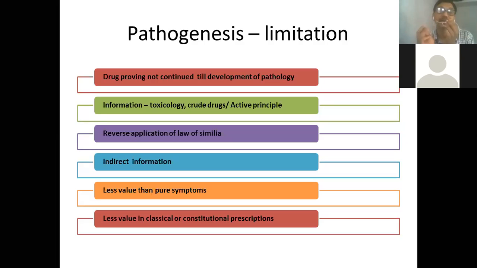And what will be the reverse application? The reverse application will be while studying the pathogenesis. Basically, what is the pathology of fever? The pathology of fever is an increase in body temperature, and you know from your knowledge of physiology that body temperature is regulated by the heat controlling center of the hypothalamus.